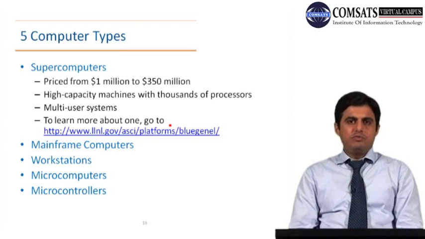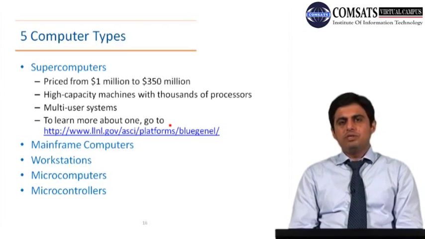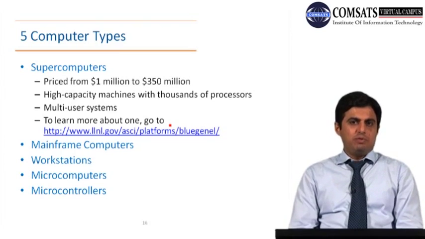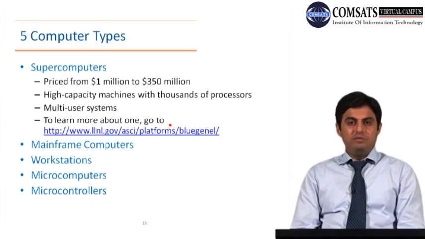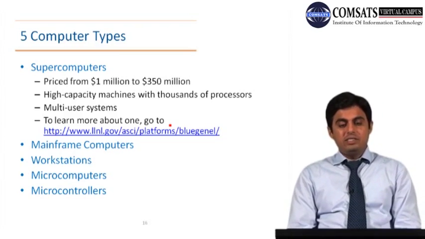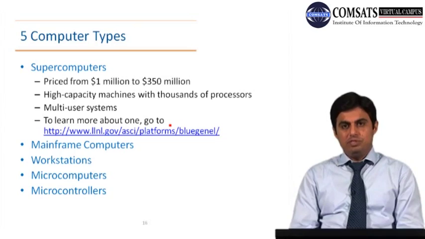It was first built in the late 40s and early 50s, and it was not as fast as it is nowadays, but the supercomputer was invented for solving complex problems which are not easy for small computers to perform. It costs from $1 million to $350 million. It is a high capacity machine with thousands of processors in it.